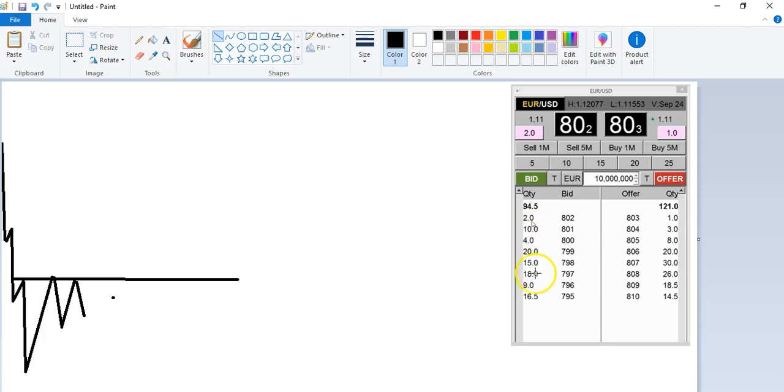Until he succeeds in selling his 80 pieces of euro, as he tries to take an instant execution, he's going to get a worse price. It's actually going to drive the market down.